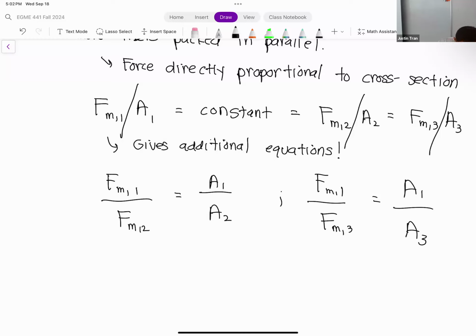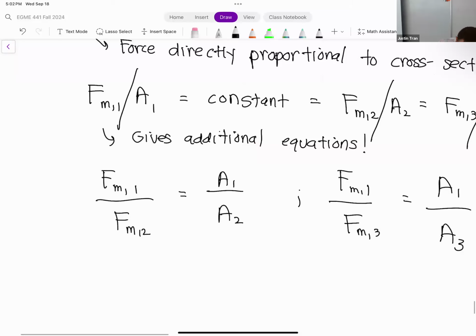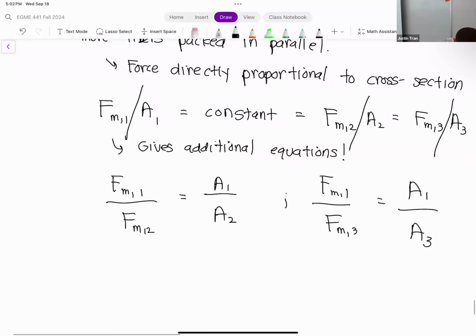You can form a relationship between muscle 2 and muscle 3, but that equation is actually redundant. So this gives us the other two equations that we need. So this is equation 4, equation 5.